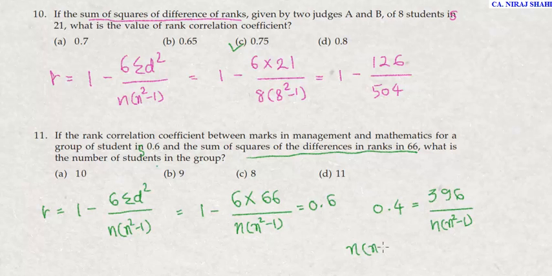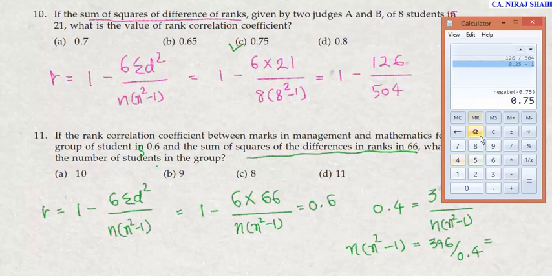So n into n square minus 1 will become 396 divided by 0.4. Let's solve it. It is 396 divided by 0.4 is equal to 990.